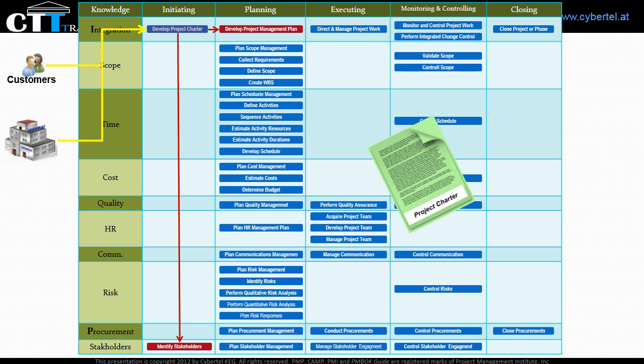The project charter becomes also an input to the process of collecting requirements because it includes the high-level requirements. And also it is an input to the define scope process because the project charter includes the product description.